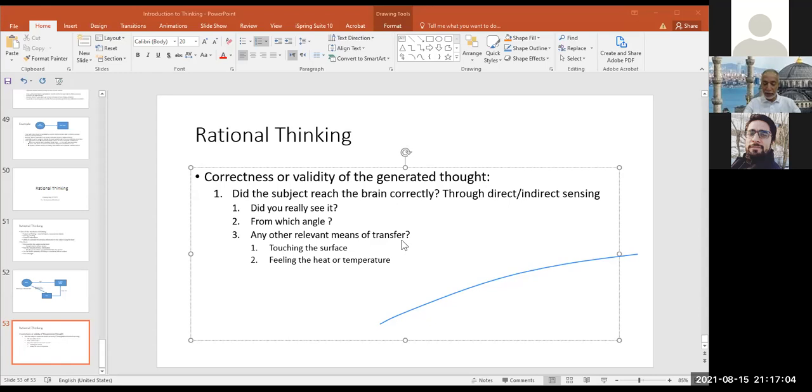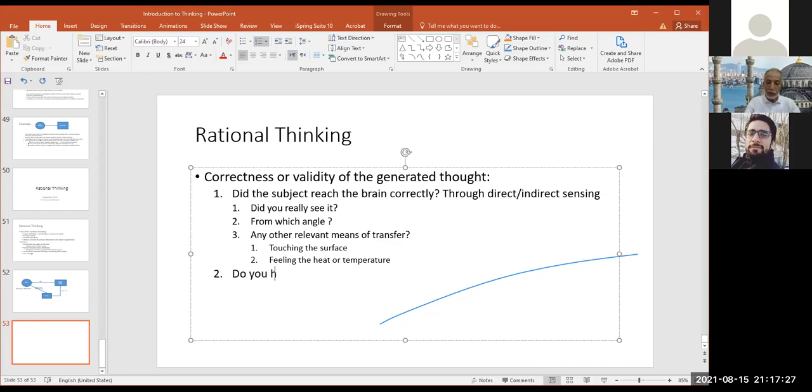Maybe the object can make some sounds. There are feelings, touching, and so on. If it has to do with food, you may have taste or smell. All of this has an impact on the thought also.